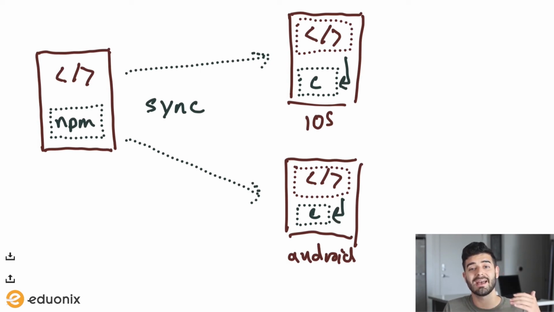So to recap, we add a Capacitor plugin JavaScript library to our Angular app. We run the Capacitor sync command, and it will install that same Capacitor plugin on our iOS and our Android app projects. And this will allow our Angular app to interface with the native APIs.